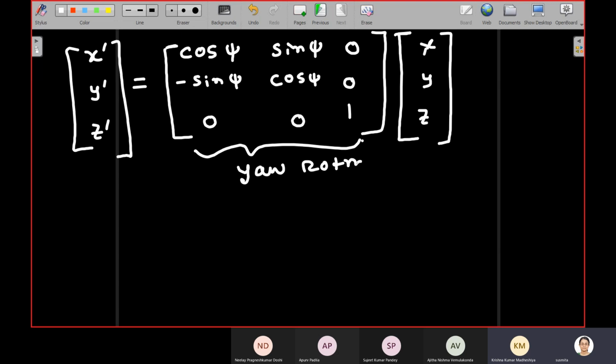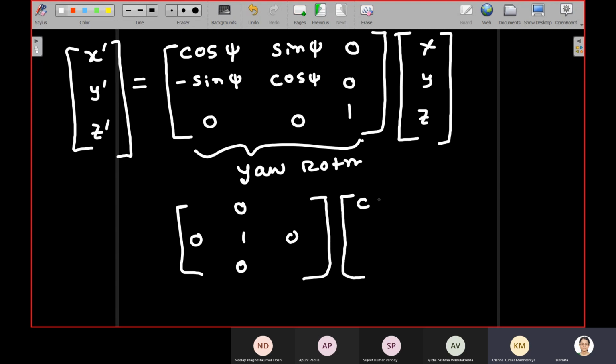Now, if you follow the similar approach for roll rotation and pitch rotation, you will find the coordinate transformation matrix. So let me put all the matrices together.